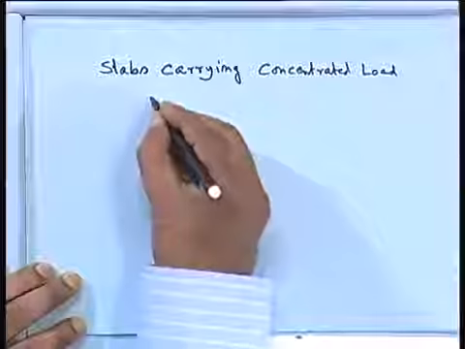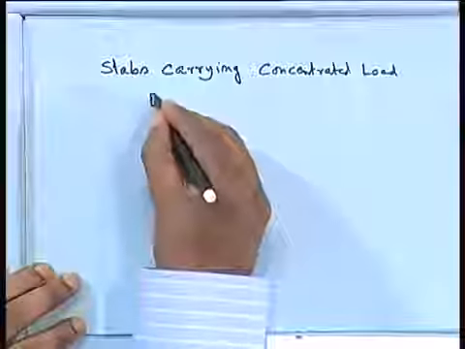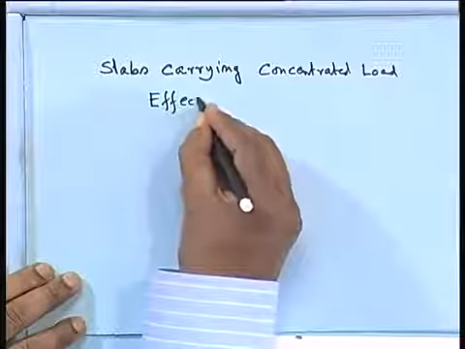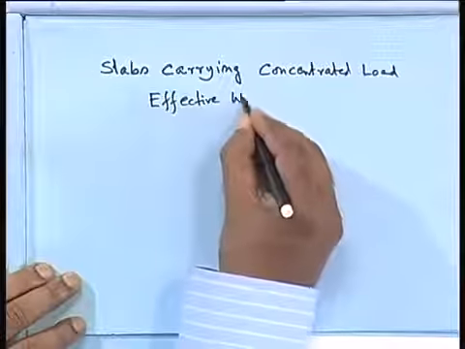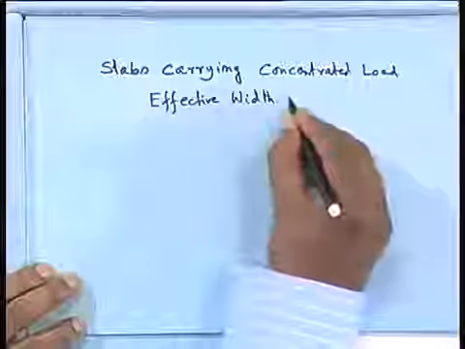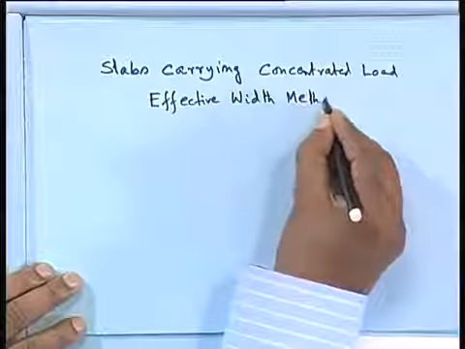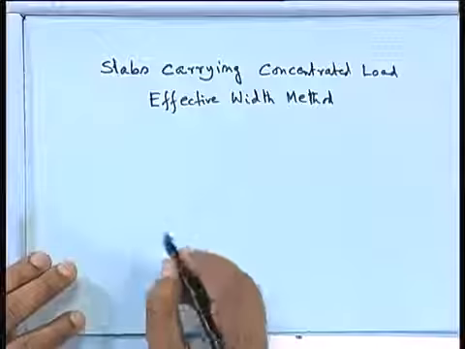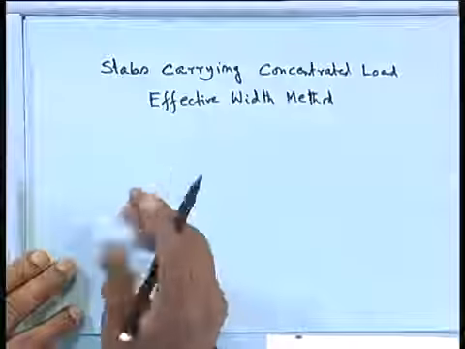In that case, we have what is called the effective width method. We have to calculate the effective width. Generally, it happens where we can experience concentrated load. We can experience concentrated load in bridges, because the wheel load, whatever we have, is a concentrated load.